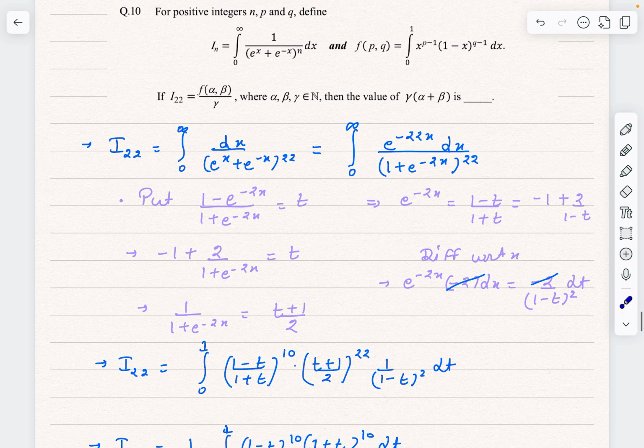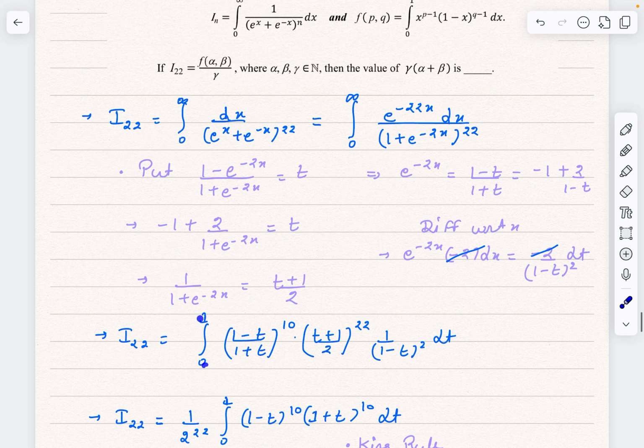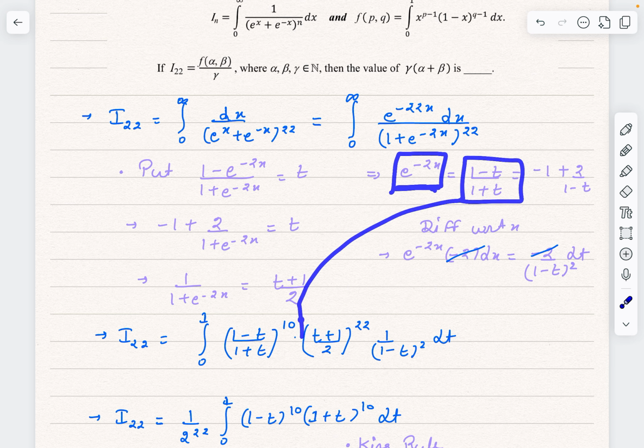Now, like we discussed, limits will change from 0 to 1. This e^(-2x) dx, so e^(-2x) dx will be used. e^(-20x) will be left, and e^(-20x) we can write as the power 10 of this. So it will become ((1 - t)/(1 + t))^10.